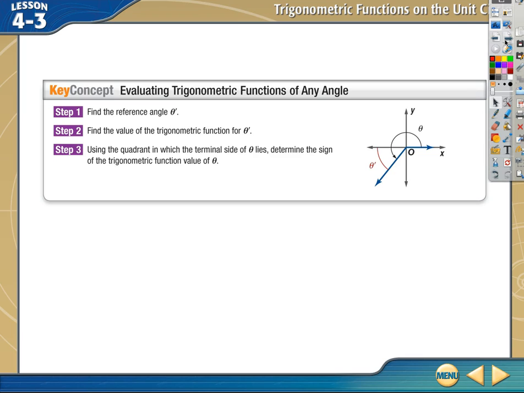You need to know your reference angle, because as soon as you figure it out, it's going to help you with the first quadrant. This may sound kind of odd coming from me since we haven't done any examples, but we're going to do some examples and hopefully it will make more sense as we go through it. Once we find that reference angle, you're going to find the value of the trigonometric function, and then we're going to know which quadrant the terminal side of theta lies in to determine the sign of the trigonometric function. So let's get going.